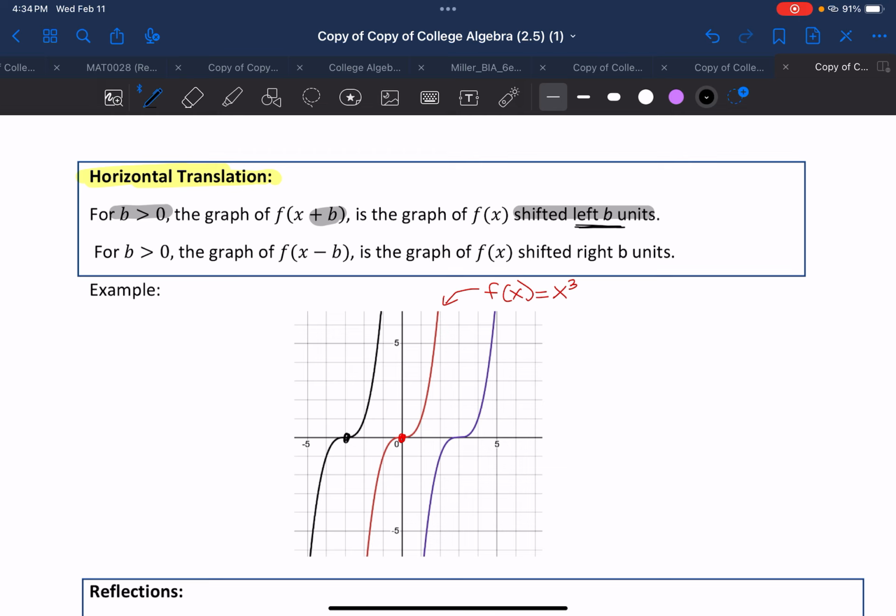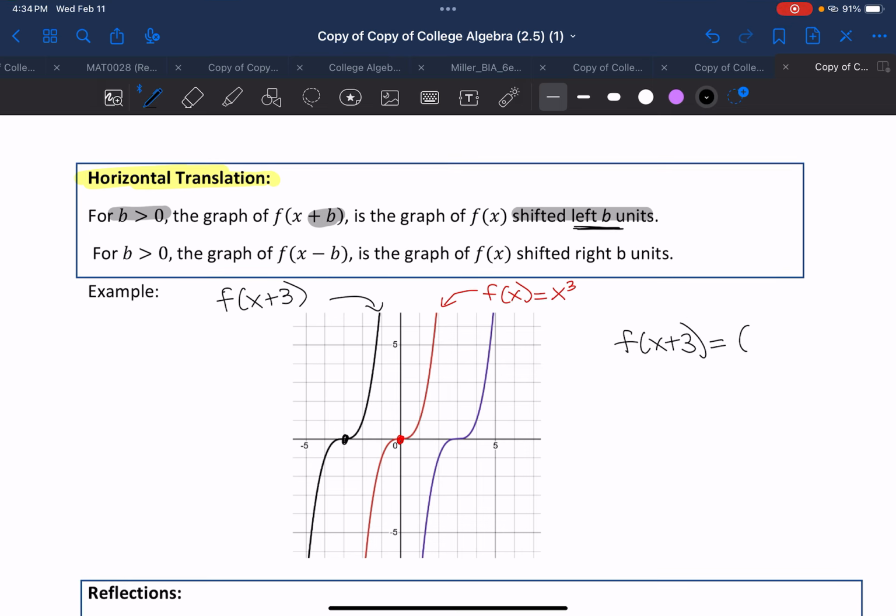So this would be f of x plus 3. And f of x plus 3 is equal to x plus 3, all cubed. So now the plus 3 is inside next to the x directly, and that would all be being cubed, as opposed to x cubed plus 3 on the outside.